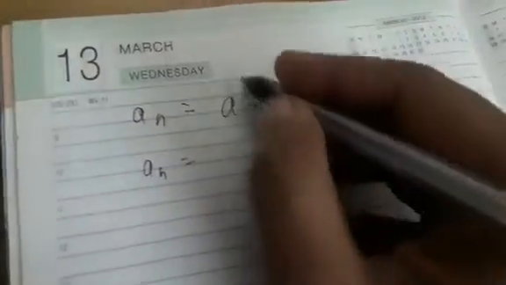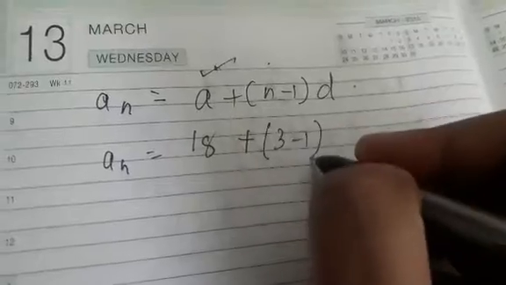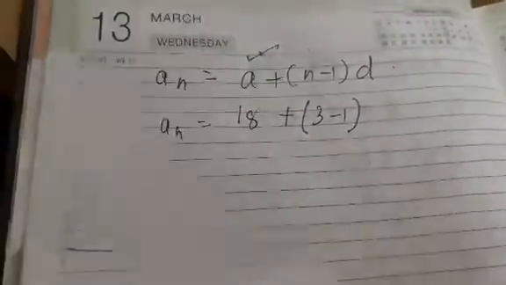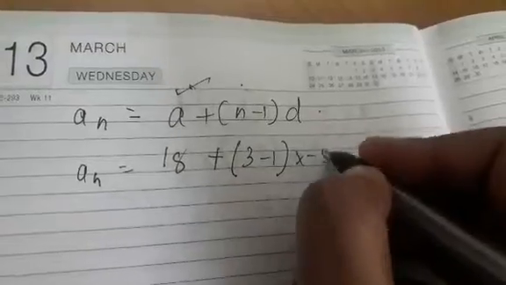A we have taken out just now, 18, plus n minus 1 means 3 minus 1, because we are calculating the third term, right? We can check once more. We are calculating the third term, yes, and into minus 5.